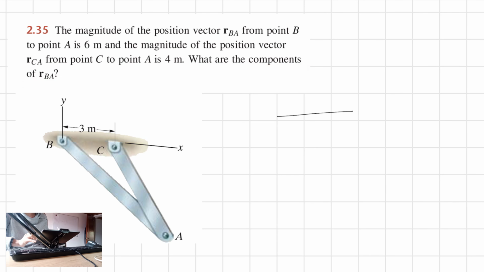So what we have right here is basically a triangle. Right here we have our points C, A, and B. The graphical representation is telling me that right here I have 3 meters, and the exercise is telling me that from point B to point A here I have 6 meters, and right here I have 4 meters.